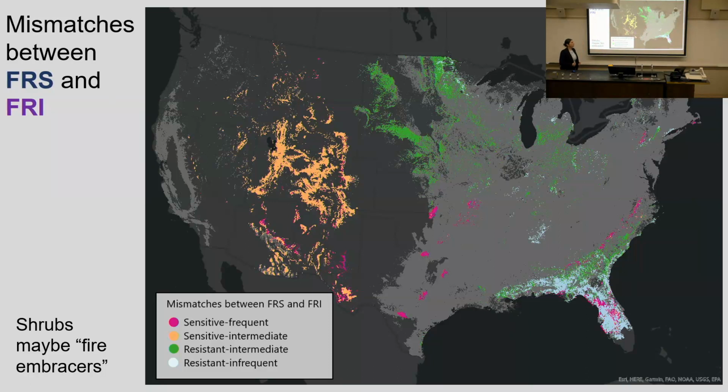So it's worth mentioning that these species may be in areas that have frequent fire, so every 1 to 20 years, but the scores are rather low. But it may just be due to the fact these are more shrub growth form species. So shrubs may be selecting more for a strategy of fire embracer compared to fire resistance.